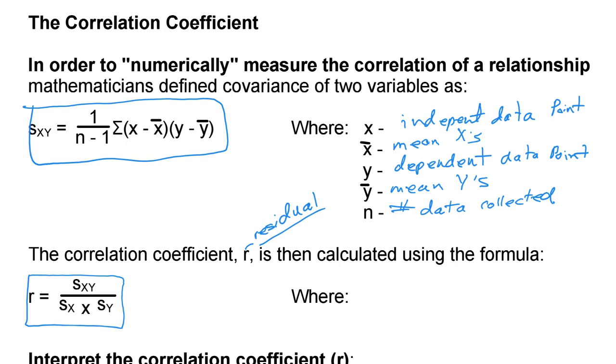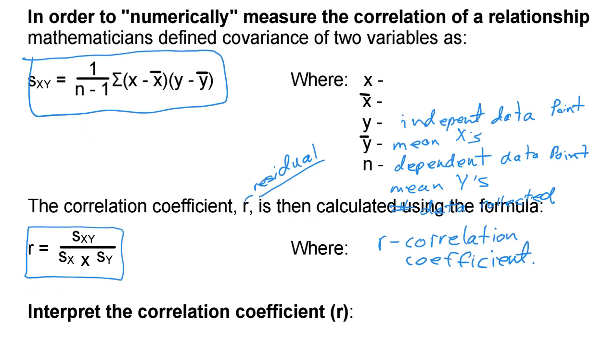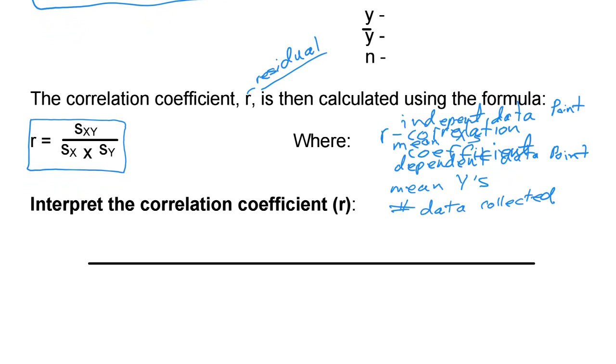Now, in mathematics, yes, they call it the residual. We do call it the residual, but for our class, in the textbook, you're going to call this the correlation coefficient. So now, let's see what this actually means. So when we talk about the correlation coefficient, what it actually means is this.